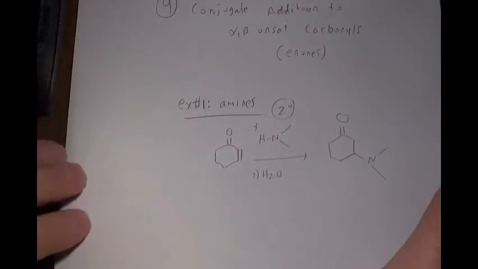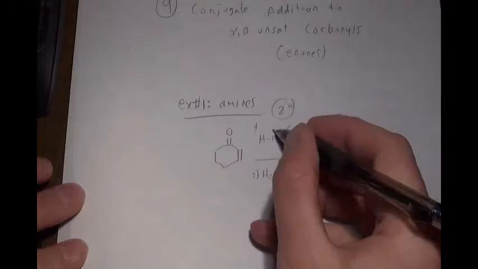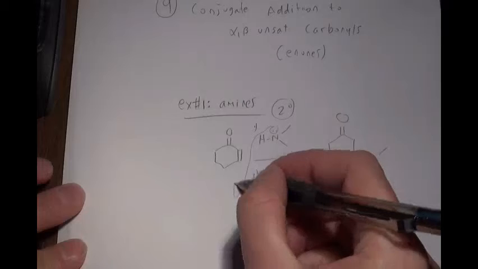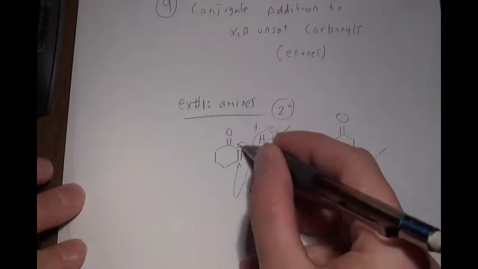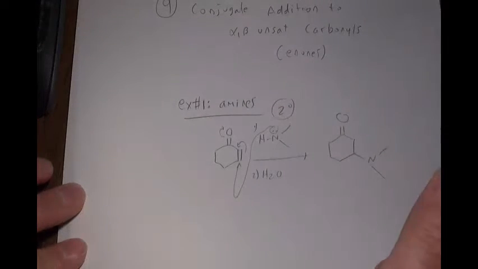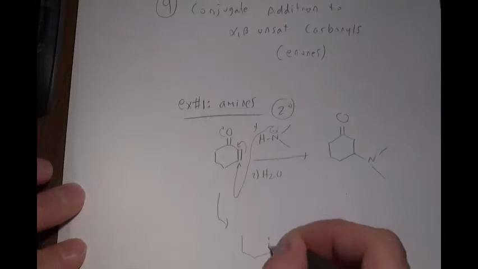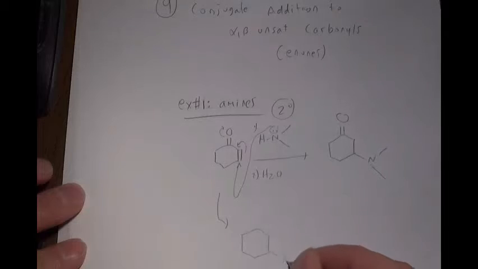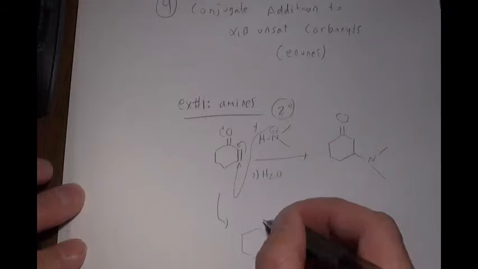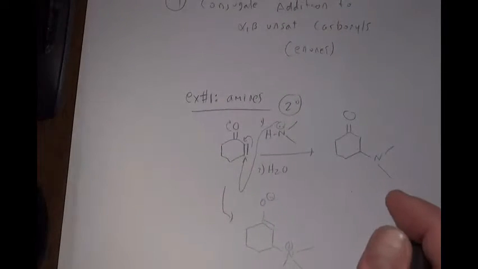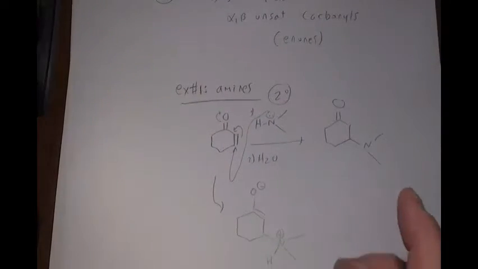What's the mechanism of this? The mechanism is that the nitrogen and its lone pair attack the beta position and make an enolate. We talked about that last time and why that happens. And now you have an enolate.